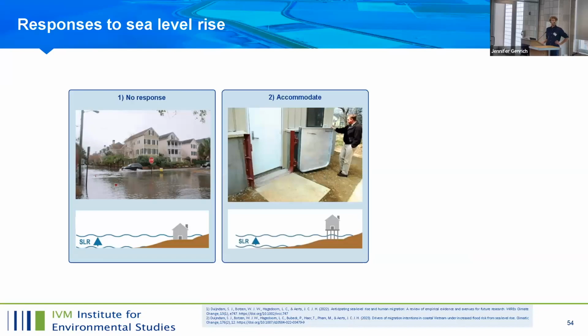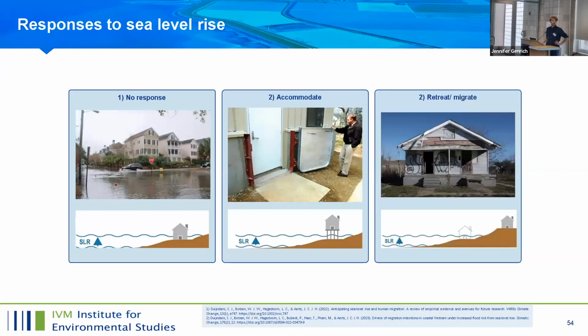They may accommodate these changes, for example by installing dry flood-proofing measures, such as watertight doors or compartments, or elevating homes. Or they might retreat or migrate, meaning they will move out of the hazardous area and relocate either to an inland area, or they might still end up in another hazardous area.